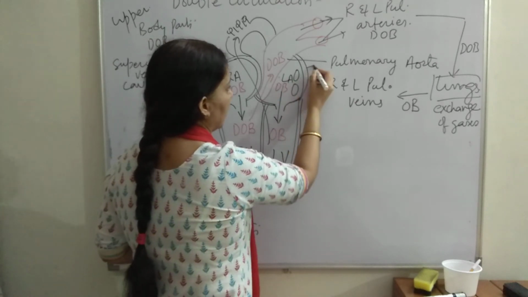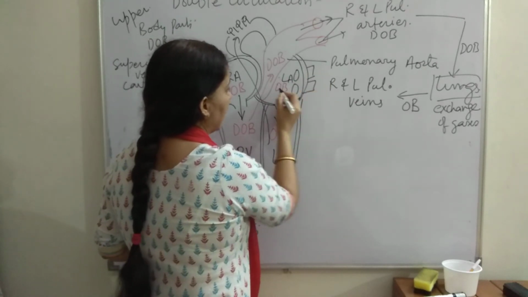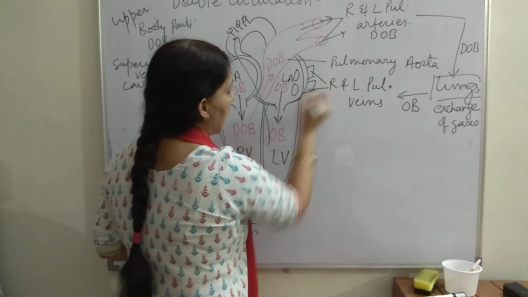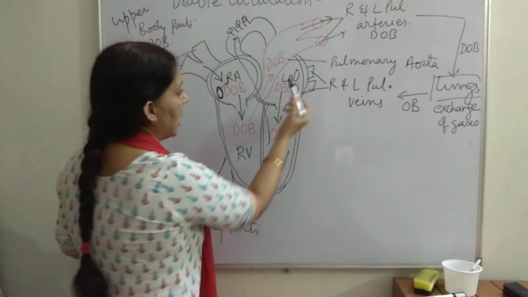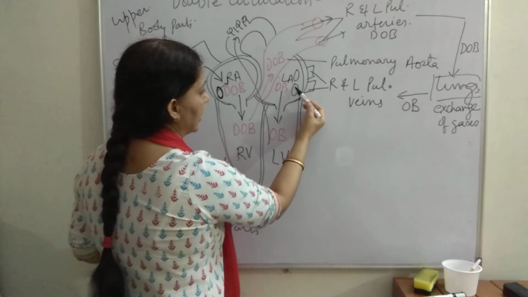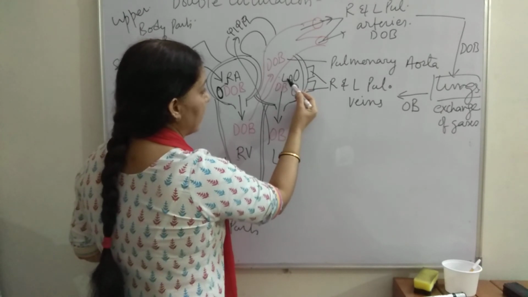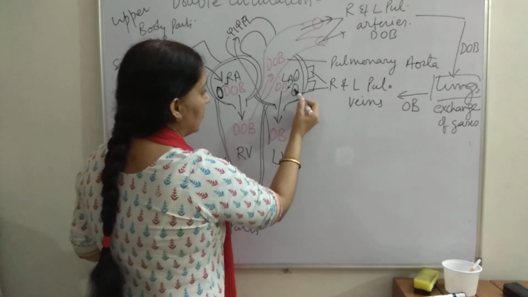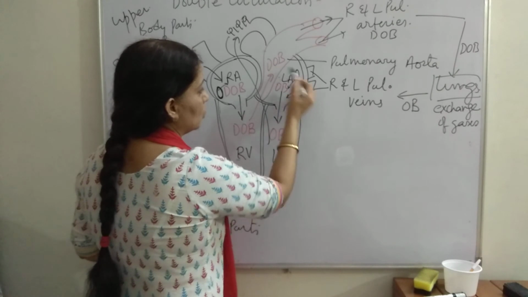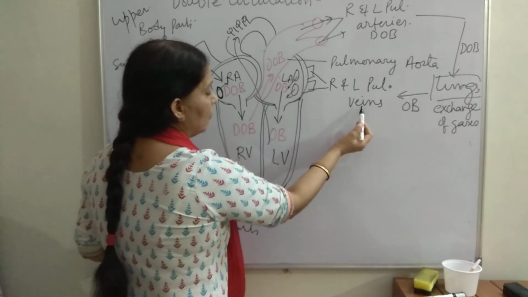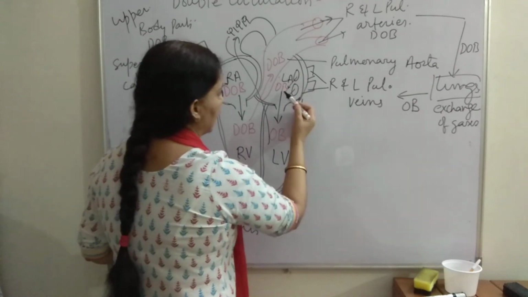These veins open here into the left atrium. These are the openings for right and left pulmonary veins in the left atrium. That means blood is poured into the left atrium by veins, and it is oxygenated blood.